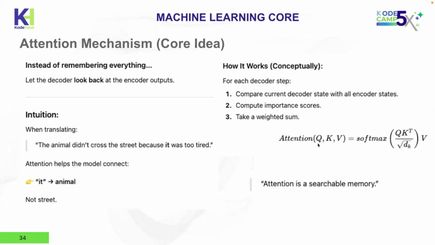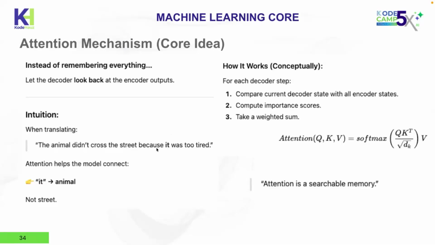So what is importance score? The importance score is saying for this current output that I'm trying to generate, for example, "it," what is the importance of "because" when it comes to this "it"? What's the importance of "street" when it comes to "it"? What is the importance of "the"? What's the importance of "cross"?